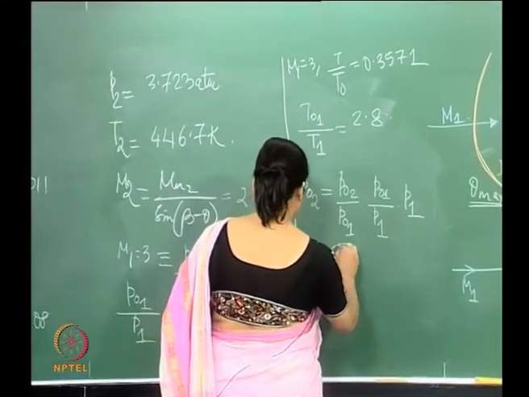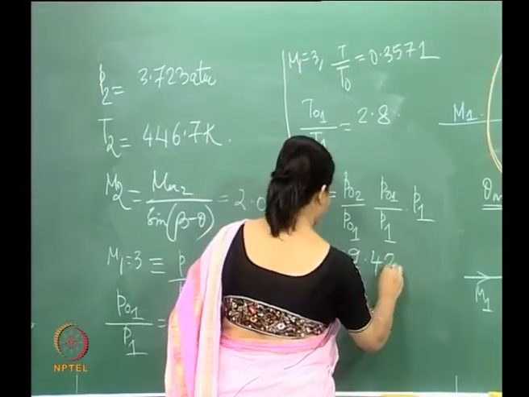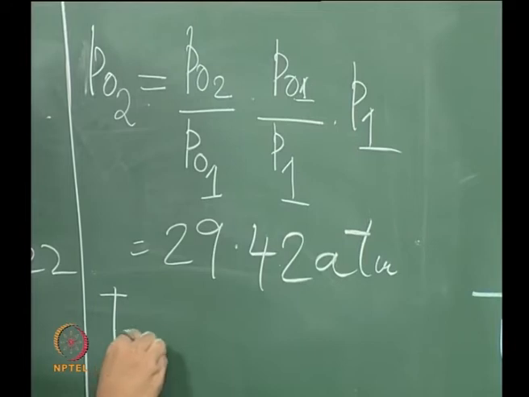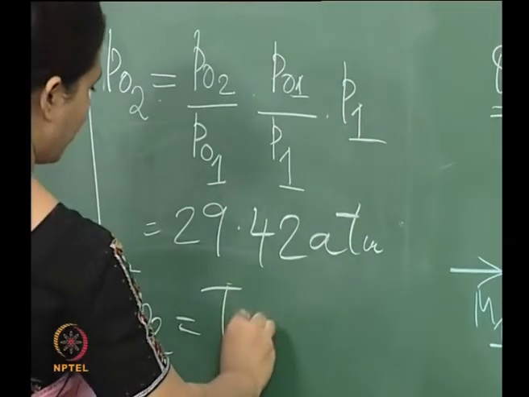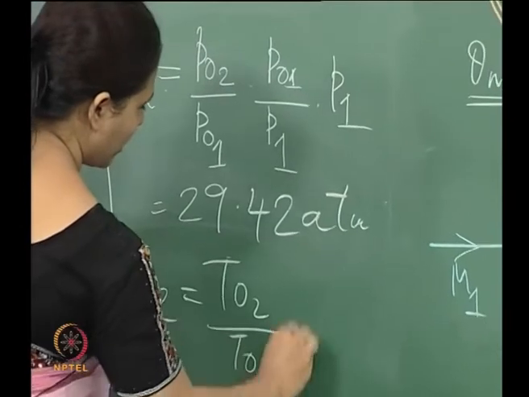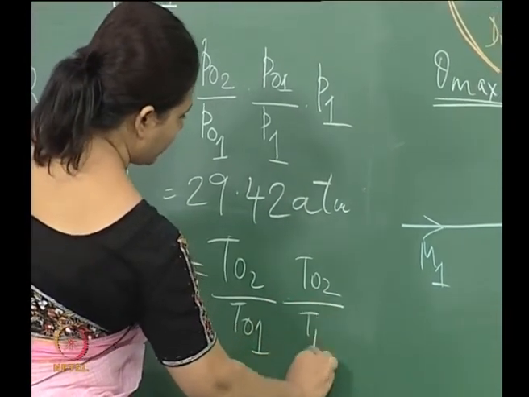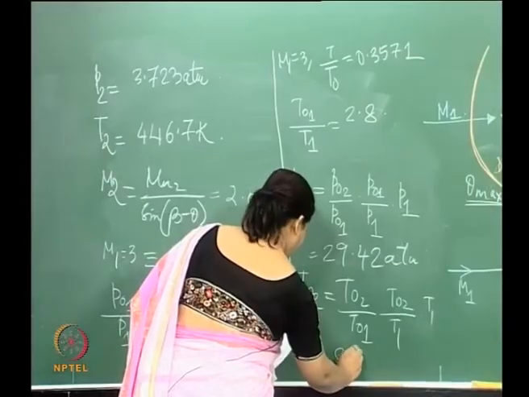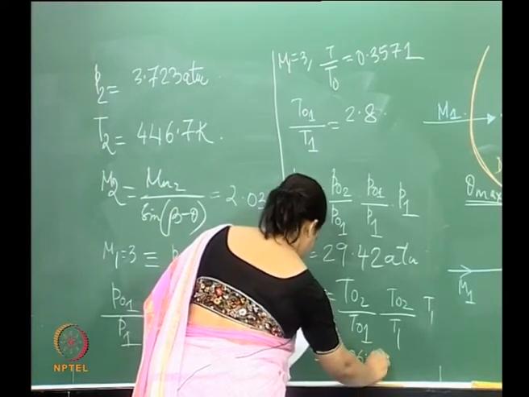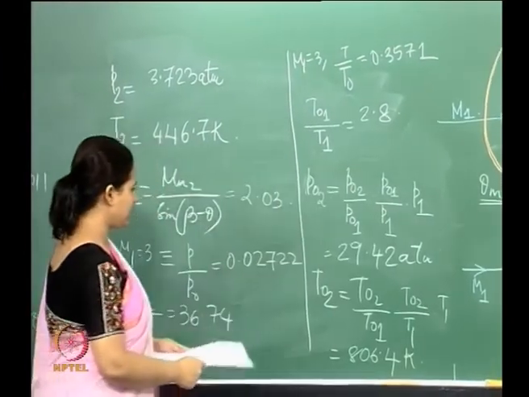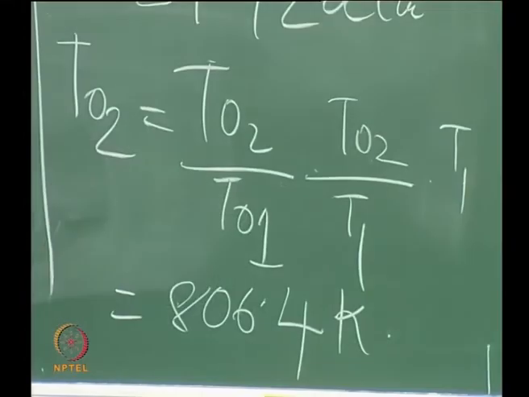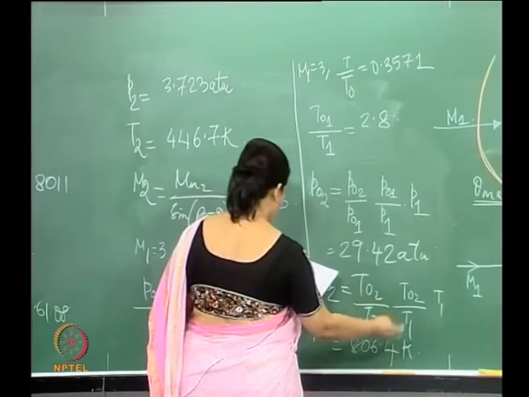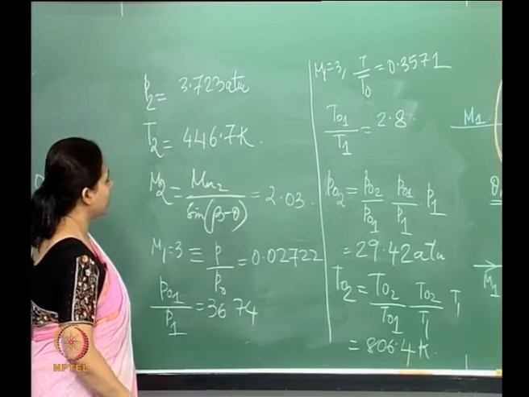And again, it is just playing around with T naught 2 and T naught 1, and what we get here is 806.4 Kelvin. So this is what we get.